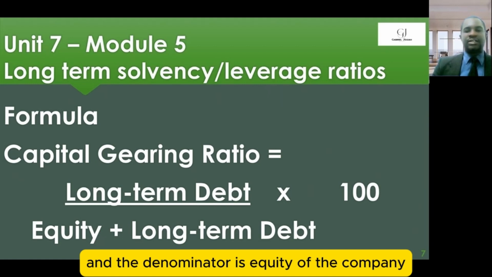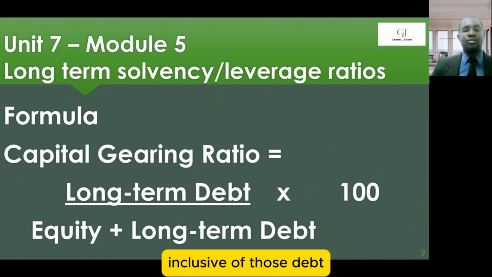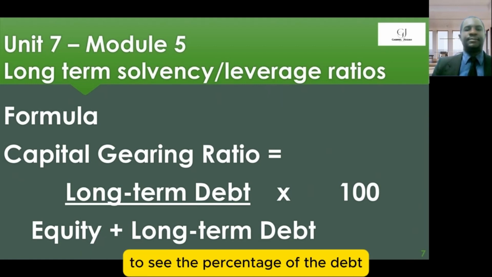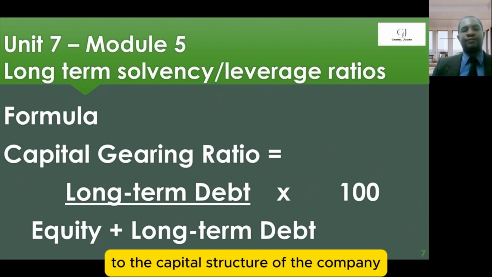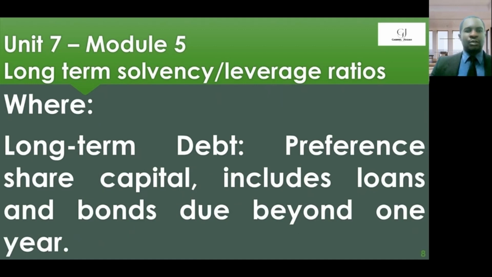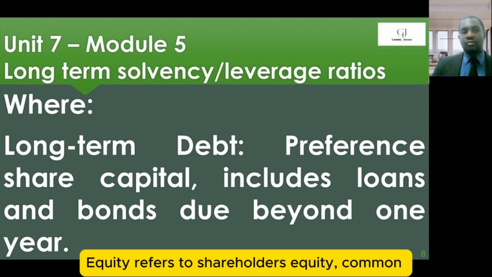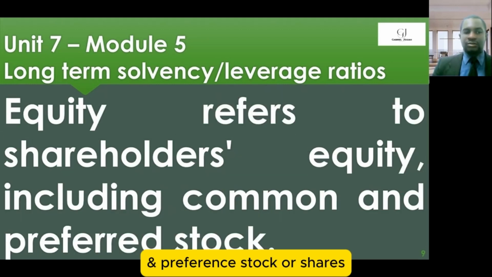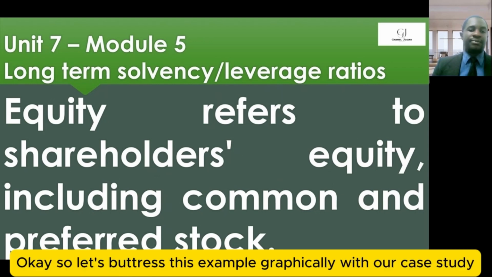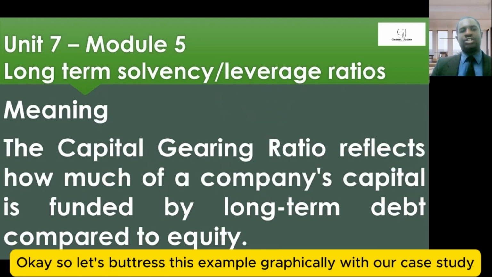The denominator is the equity of the company, inclusive of those debts, to see the percentage of the debt in the capital structure of the company. So long-term debt includes preference share capital, loans and bonds beyond 1 year. Equity refers to shareholders' equity, common and preference stock or shares.